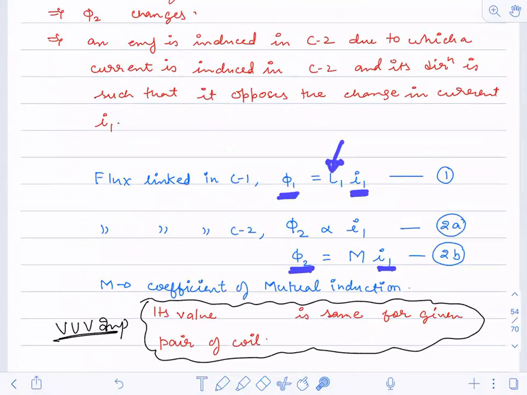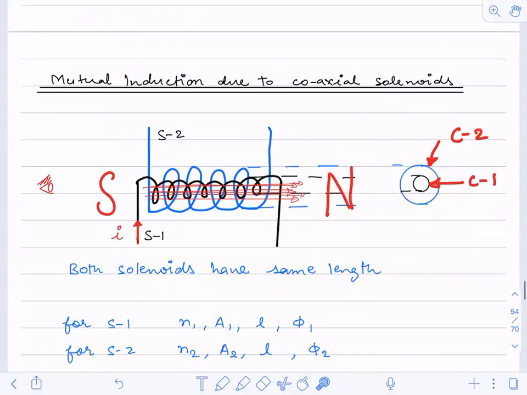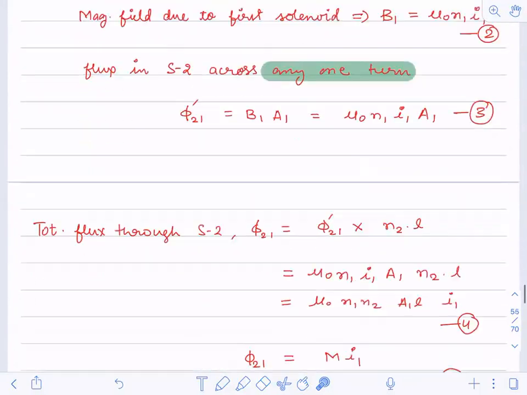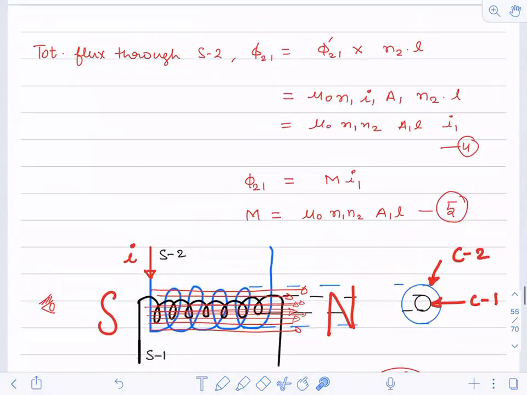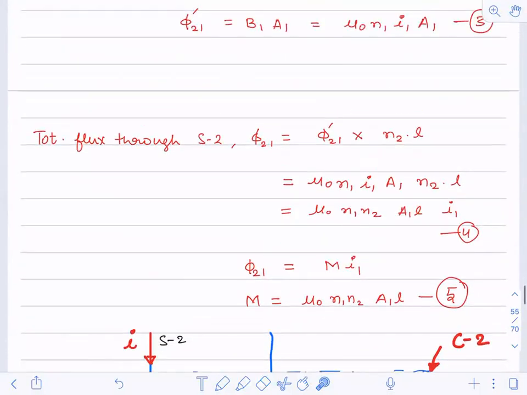N1 L, why did I substitute that? Because I'm calculating for coil 1. See, I did it for coil 2, that's why I substituted N2 into L, because I was doing it for the second coil. If I'm doing it for the first coil, I will write N1 into L. Understood, Nagaraj?